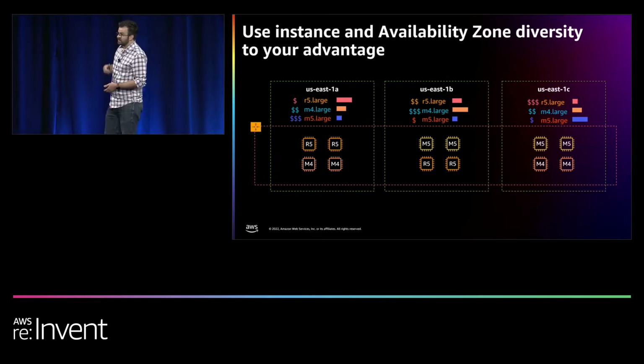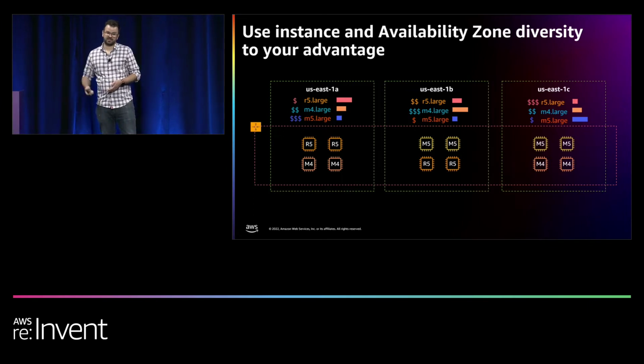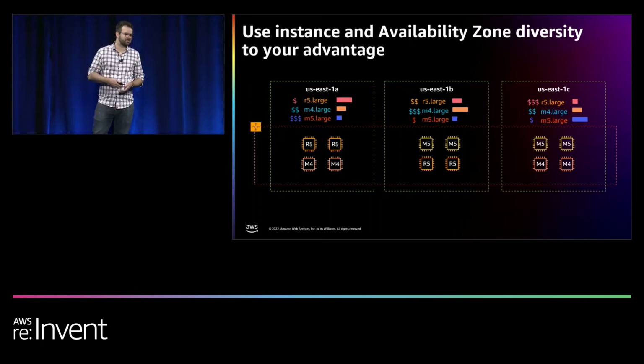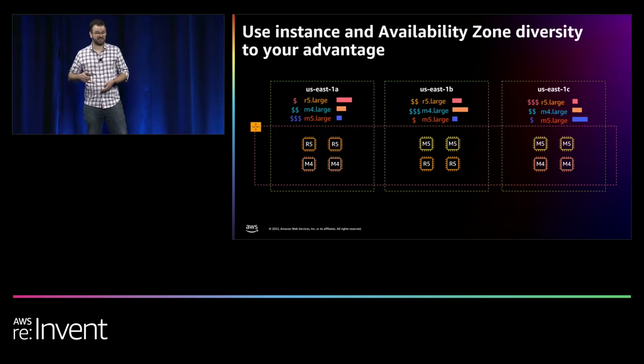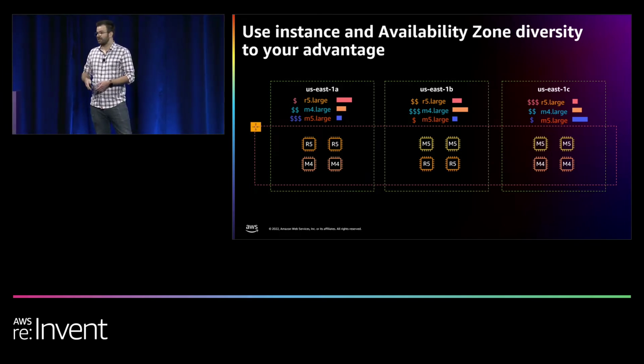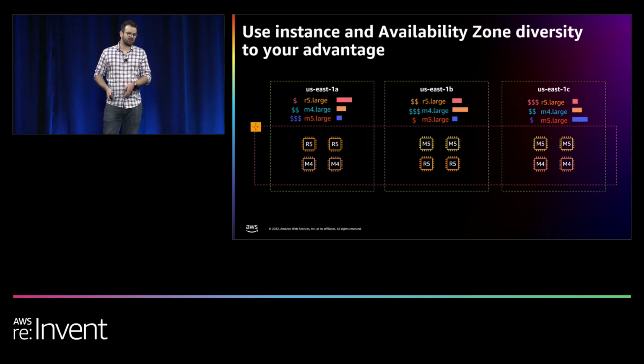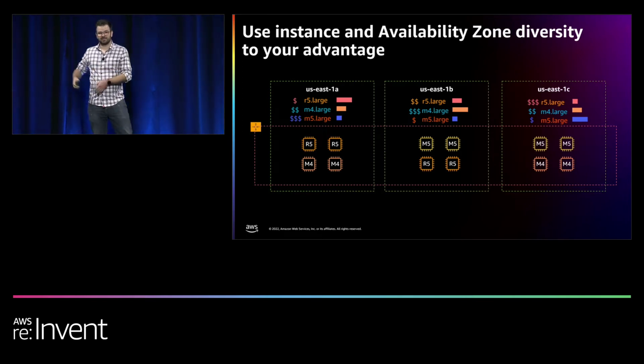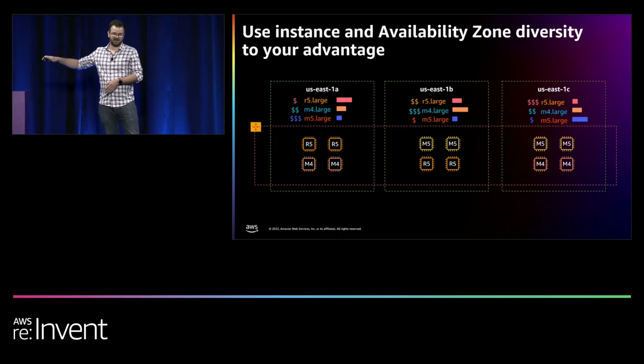But because you're using attribute-based instance selection, and you told us you just need 4 vCPUs and 8 gigs of RAM, we can launch that on an M5 large instead, because that is a separate pool with its own price. It may be slightly higher, but it's still going to be significantly less than the on-demand price.